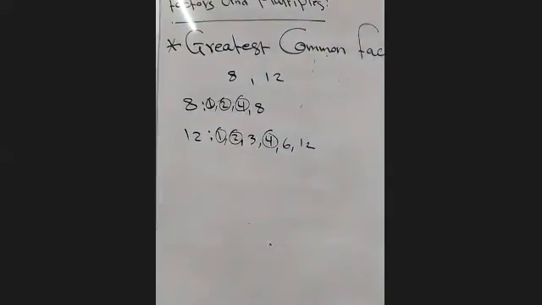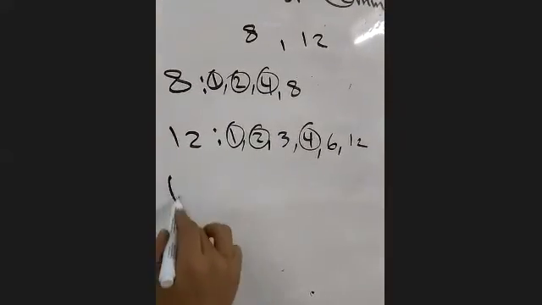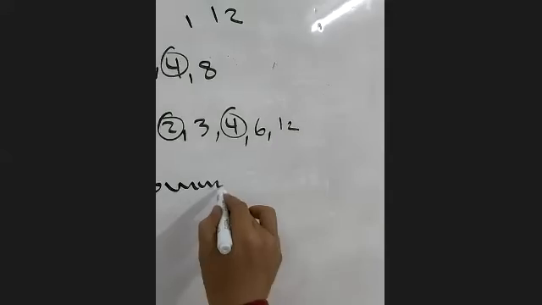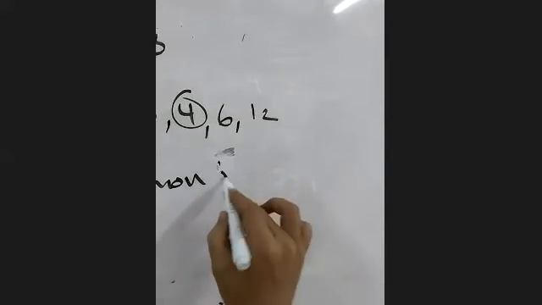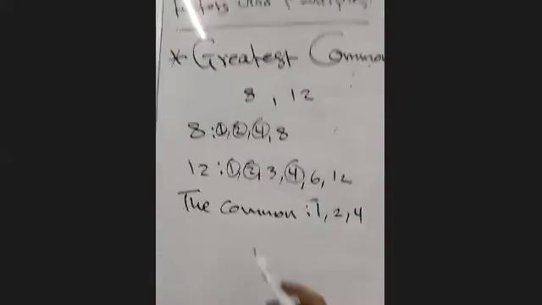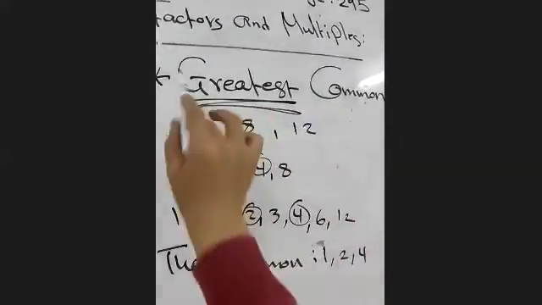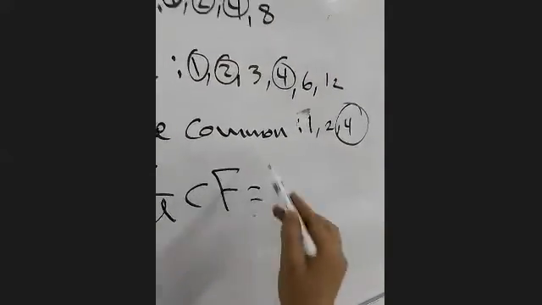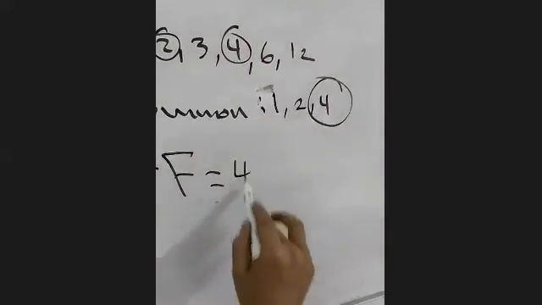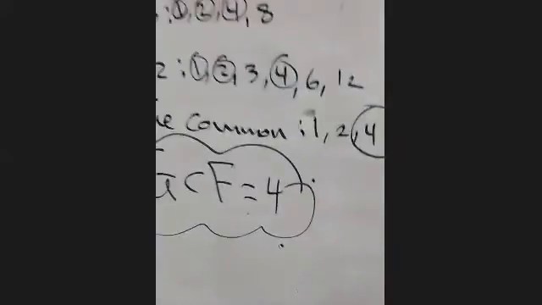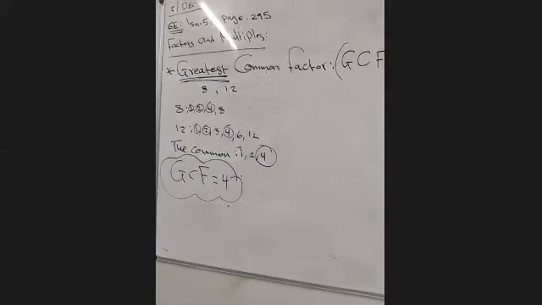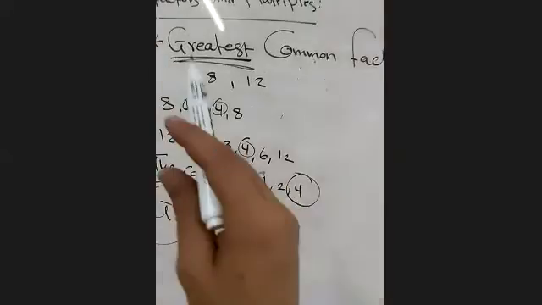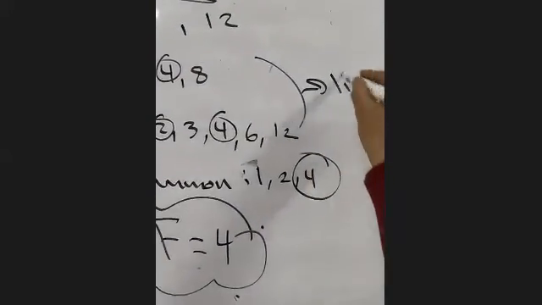Is there any common other than them? No. These are the common factors. But I want the greatest common. Which is the greatest common? 4. So the greatest common factor for these two numbers is 4. This is how we find the greatest common factor by listing the factors.